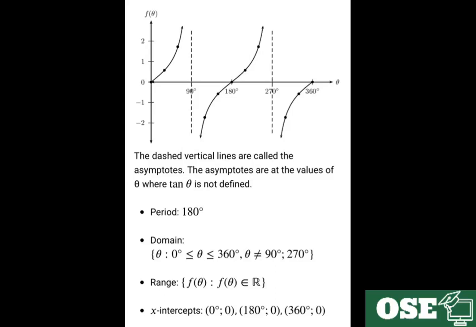When you write the bracket notation, you write from negative infinity to positive infinity, not included, so you're going to write round brackets. Or you can just say y is an element of real numbers. That means any number that is real, from negative infinity to positive infinity.